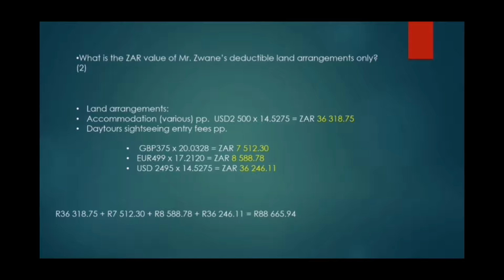The land arrangements, remember, are the ones that we converted from foreign currencies into South African rand. So your accommodation and your sightseeing tours. At this point, you will then have to add up the totals for the land arrangements, and then we find out that the total for the land arrangements only, excluding the flights, the visa applications, and the insurances, right?